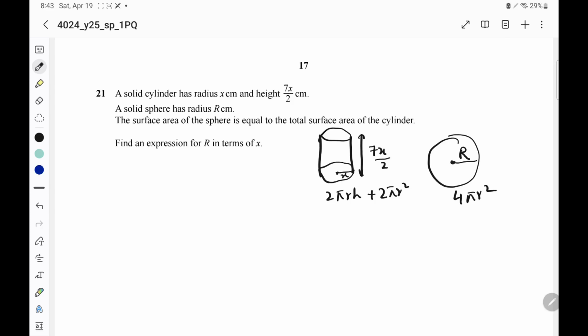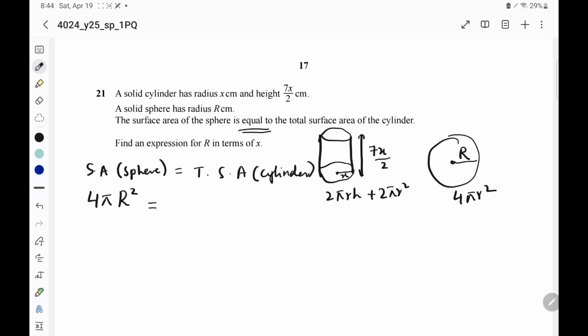So the surface area of the sphere is equal to the total surface area of the cylinder. It means that 4 pi capital R square you will take for the sphere. What we have to find is the capital R in terms of x.